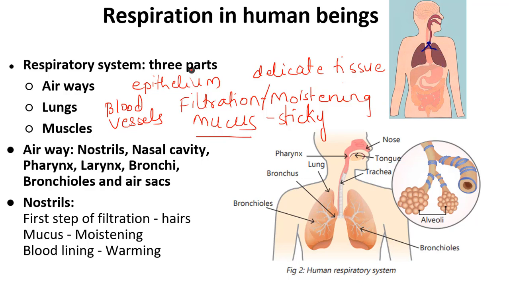Again, the air warming is important so that easy diffusion of the air can take place into our respiratory system. So what is the important function of the blood vessels in our nose? It warms the air. And why is the warming of air essential? So that easy diffusion of gases can take place. Okay, so this is about nostrils and nasal cavity.